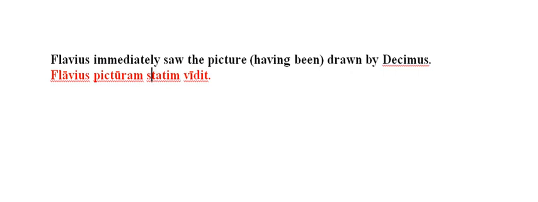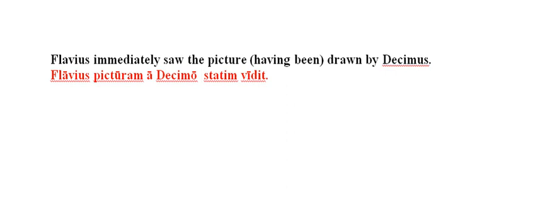But let's add having been drawn by Decimus. Let's make nice Latin word order and do a decimo. The by somebody is a or ab, plus the ablative, of course.